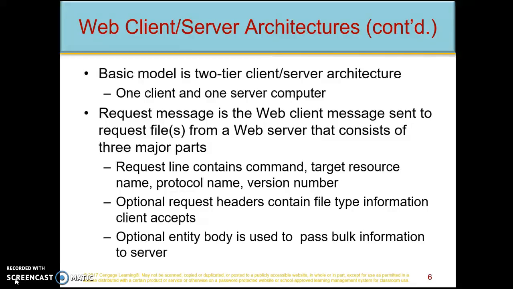Optional request headers contain file type information the client accepts. And the optional entity body is used to pass bulk information to the server. Every time you connect between your computer and another computer on the internet, it goes through these different request processes. You never see it, it all runs in the background, but from an IT perspective, this is what IT people are looking at.